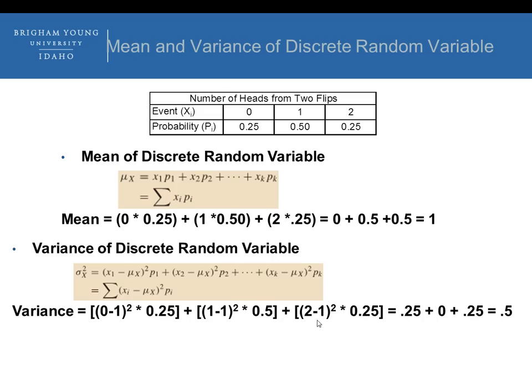Added to that, we take the number of heads being 2 minus the mean, squaring that, and multiplying by the probability, which is 0.25. We add those all up and get the variance of 0.5. We take the square root of that value and get 0.707, and that is the standard deviation. Now this is the longhand way of doing it, but there's a nice way to do it in Excel. Let me show you how it's done.